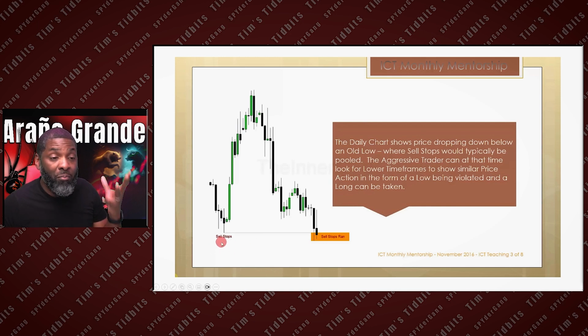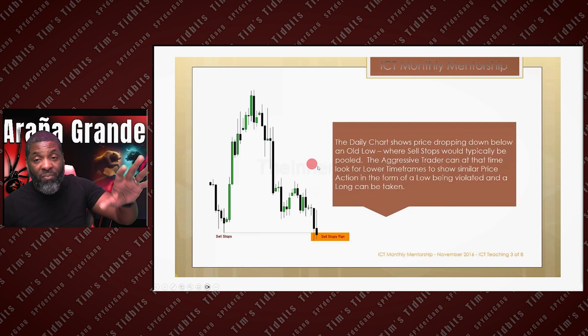It's just a bunch of market orders, some limit orders but mostly market orders, sitting down here waiting in a big pool of orders. The aggressive trader can at that time look to lower time frames to show similar price action in the form of a low being violated, and a long can be taken. Remember what I said, price is fractal.